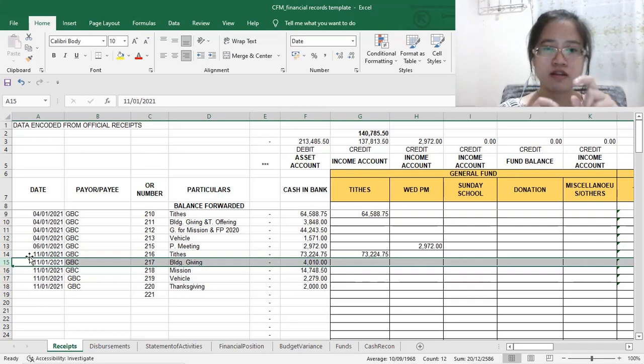Consistency: if something is not consistent with the usual, we try to get an explanation. If the explanation is not believable, then we check the documents themselves, either the OR or the vouchers. And then if it's possible to confirm it with a third party, a client or a supplier, then we'd also do that. But we don't normally do those things.